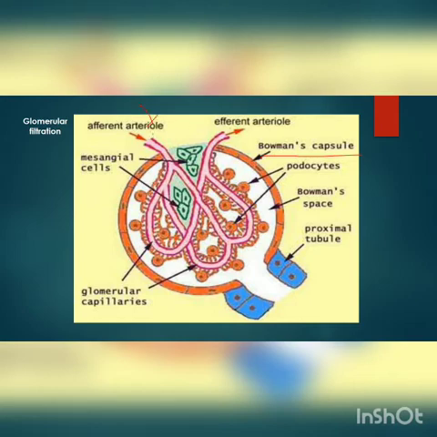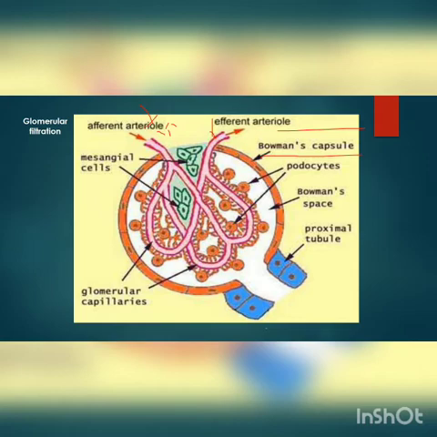So there is a difference in the diameter of the afferent arteriole and the efferent arteriole. The diameter of the afferent arteriole is more than the efferent arteriole. So more blood enters into the glomerular capillaries, and when it goes out, the amount of blood will be less because of the smaller diameter.